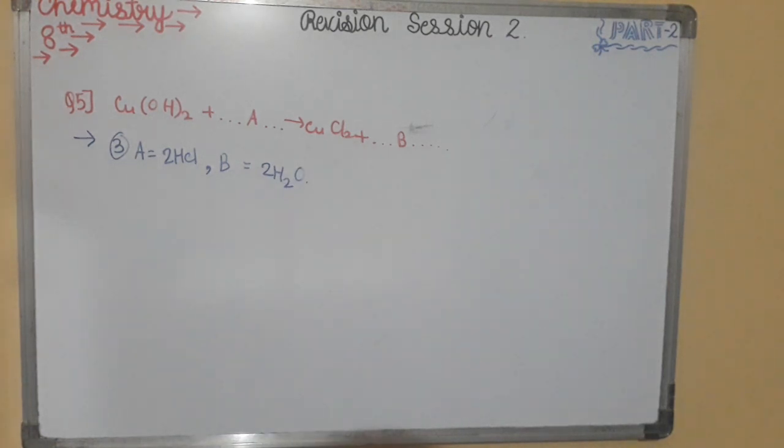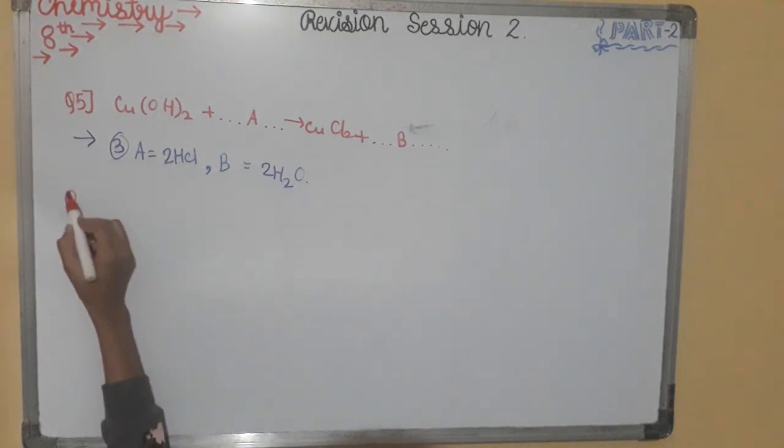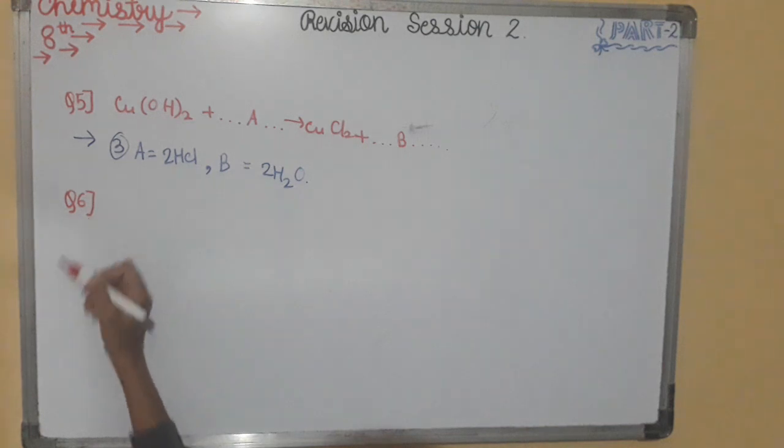Moving towards the next question. Question number 6 is, which of the following statements is not correct about reduction reaction? Option 1 is gain of electrons. Option 2 is gain of hydrogen. Option 3 is loss of oxygen.